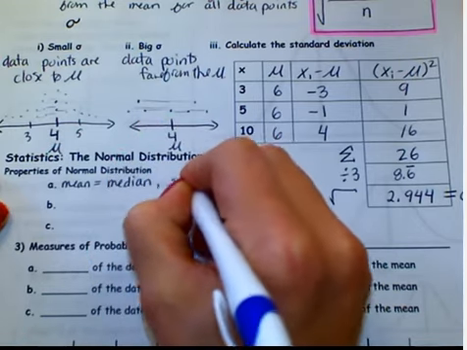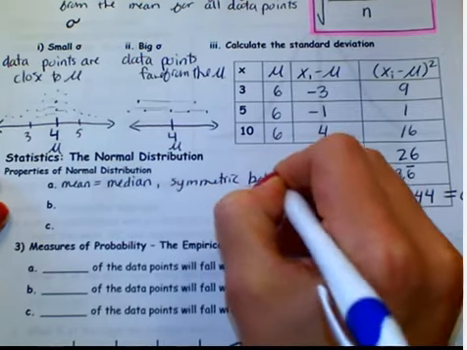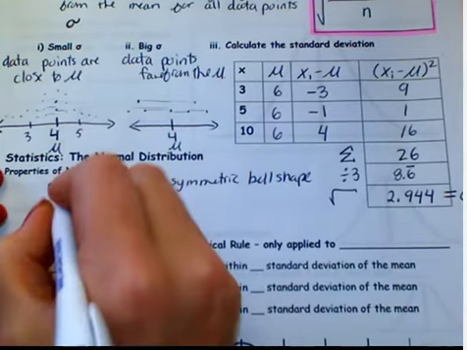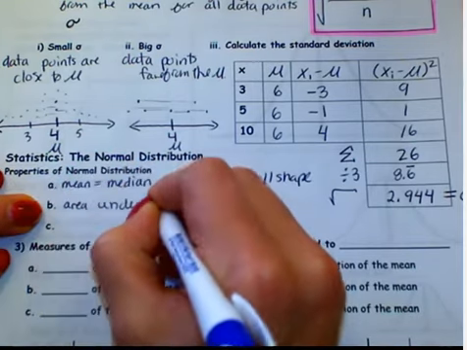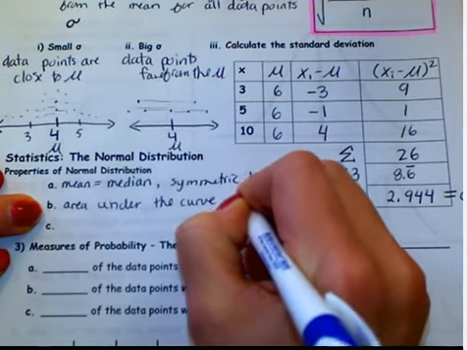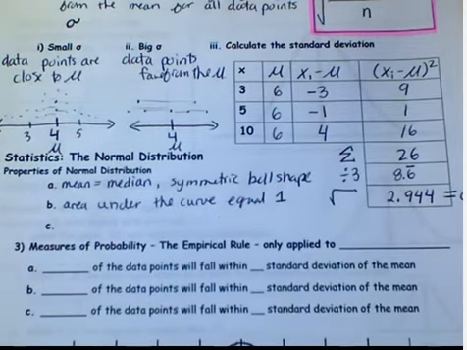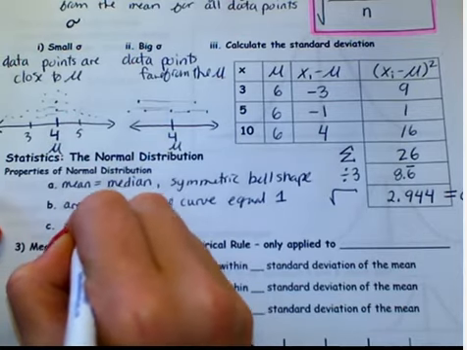And this will create a symmetric bell-shaped curve. Second property is the area under the curve equals 1. And the third one is the empirical rule applies.